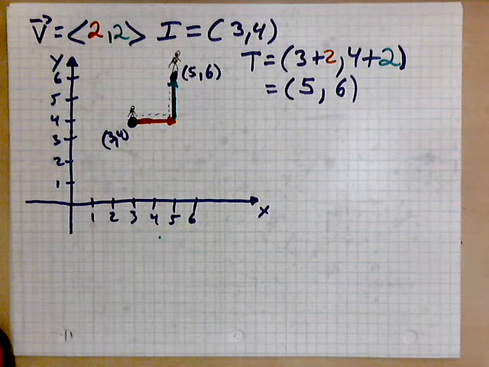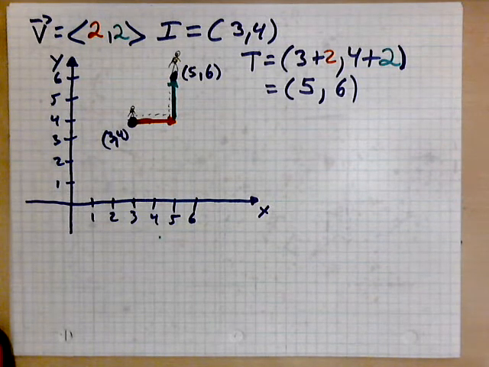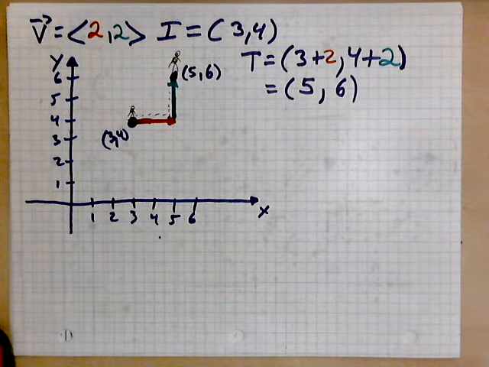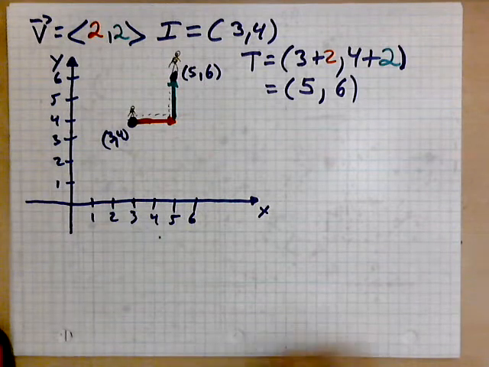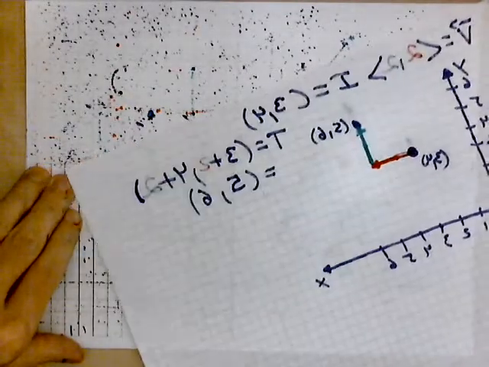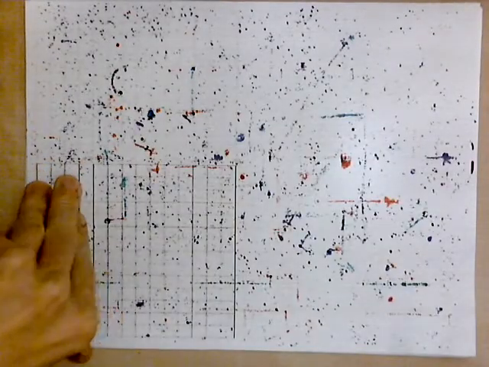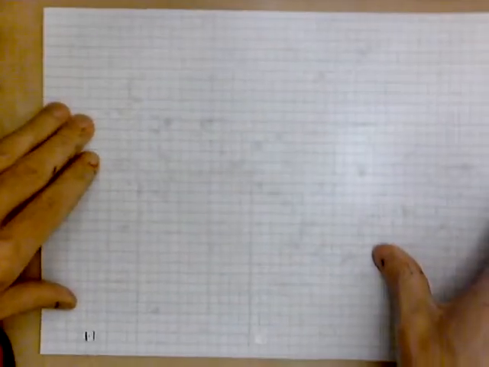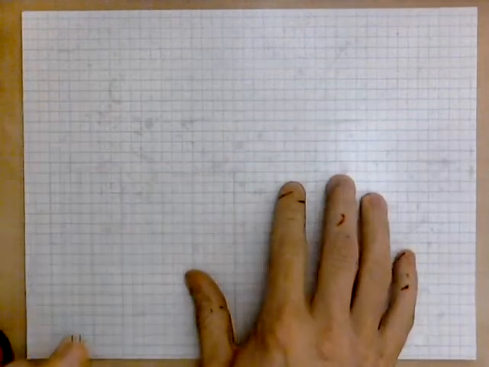Now let's take a look at an example of this if you are given instead a terminal point and a vector in component form. So that's another common exercise in this context. So I'm going to take this away and replace it with a fresh sheet. And we'll color code.